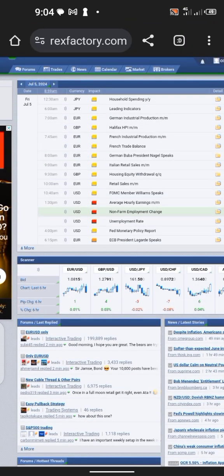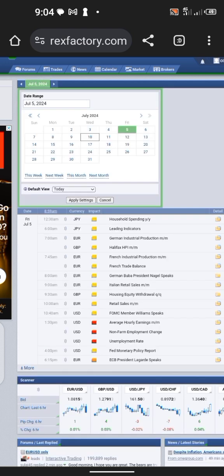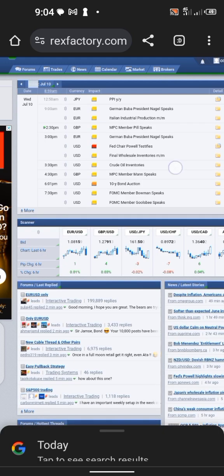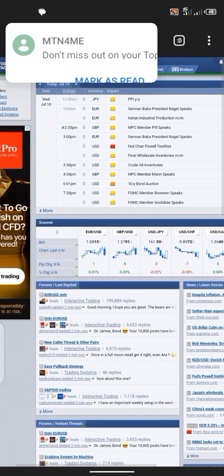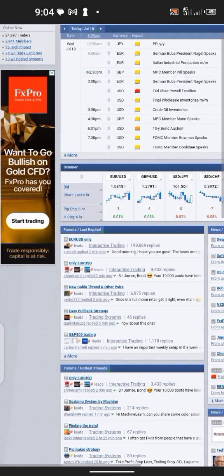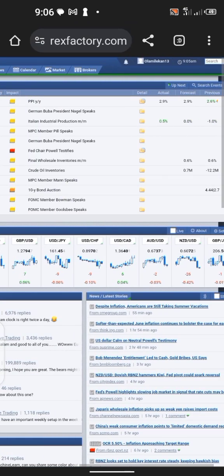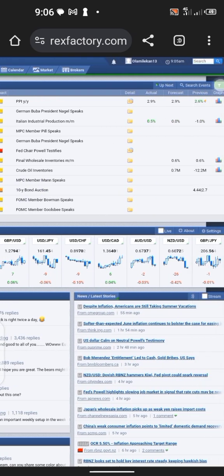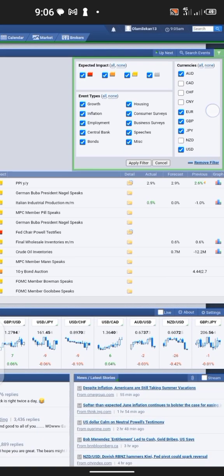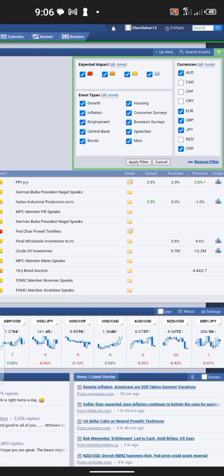So let's go back to our normal chart settings. If you want to filter some of the currency pairs, because some are not yours, you can just come to the filter here, select your preferred currencies and apply the filter. Like now I want to remove the AUD, just for this tutorial.